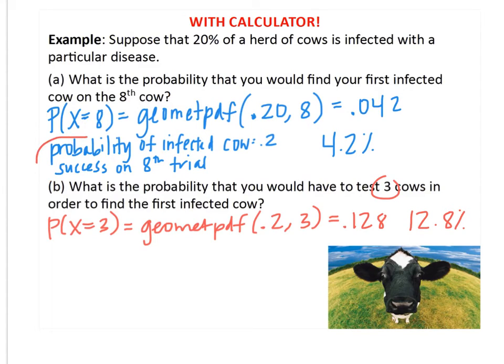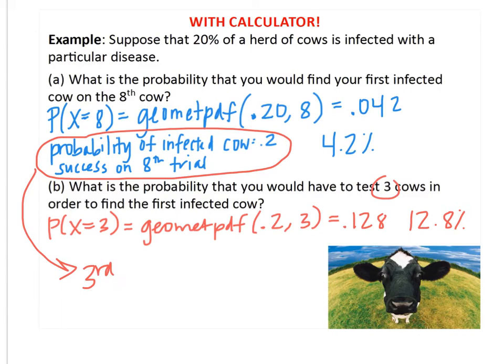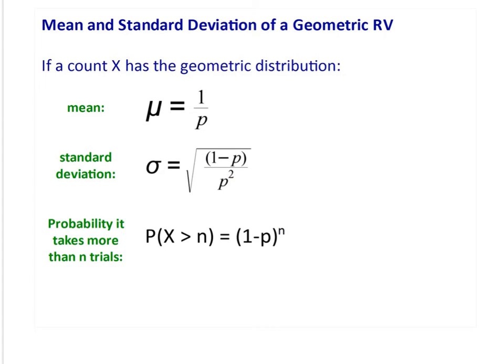Also, I would need to write this down here, but change it to the third trial. So I would have to include all of this information. I can't just write geometpdf. I have to include what I'm looking for, what the probability is, and when I want my success.